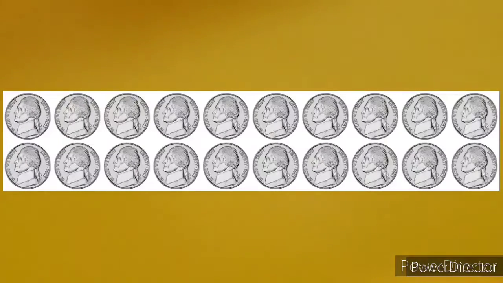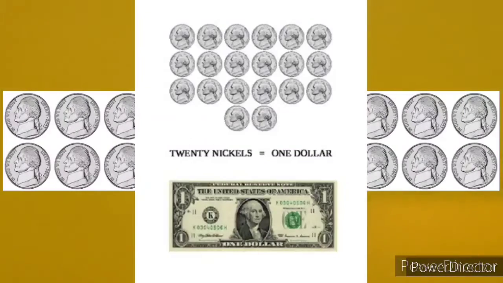Let's count them. 1, 2, 3, 4, 5, 6, 7, 8, 9, 10, 11, 12, 13, 14, 15, 16, 17, 18, 19, 20. It took 20 nickels to make $1.